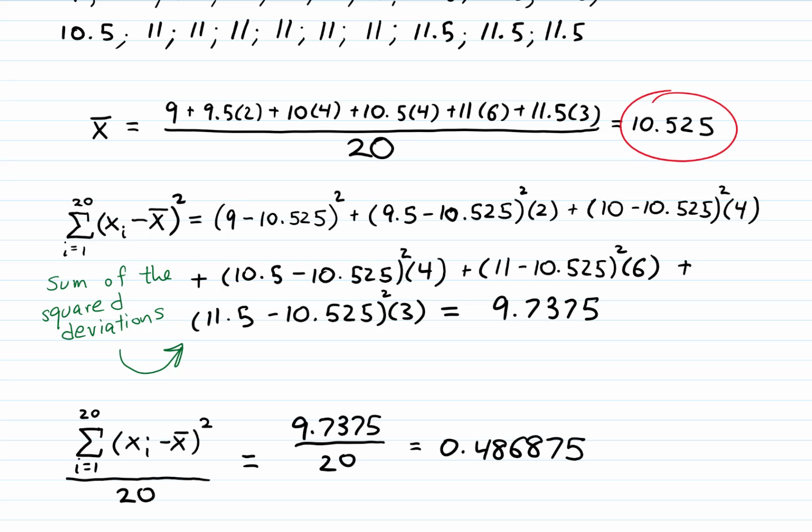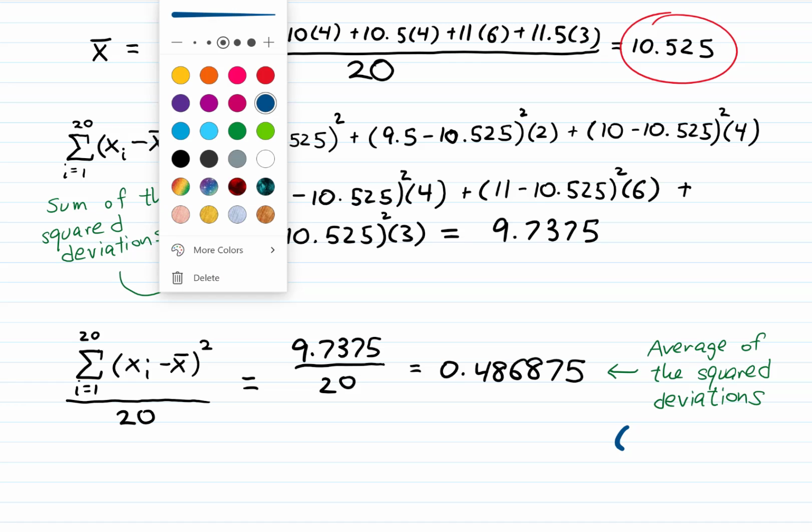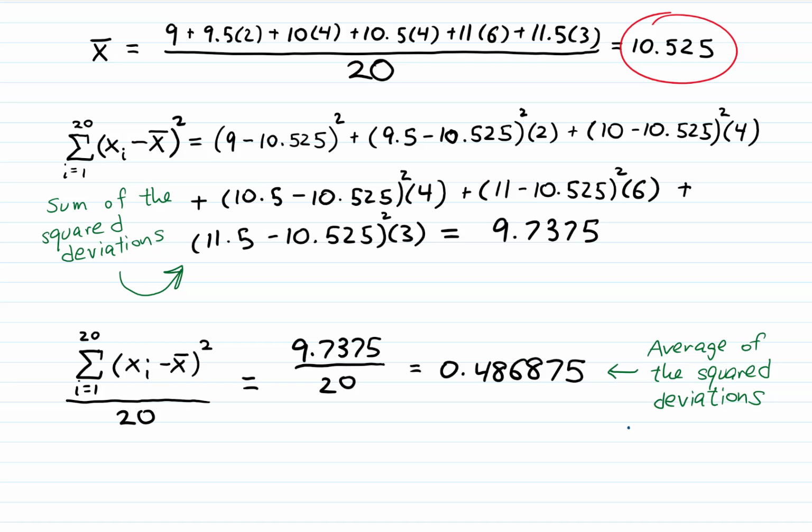Okay, that is the average of the squared deviations. And that has a name. That's called the variance. That's an important thing. Okay? So that gives us an idea of how far the average person's time is away from the average time.